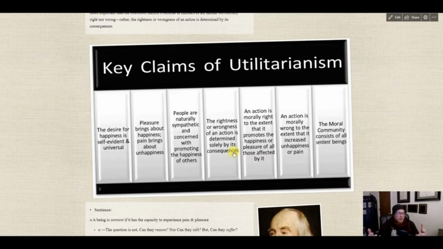Now, the experiences of pleasure and pain might be the result of various features that we can describe in evolutionary biology, but nevertheless, that's where we go when we want to determine what is right or wrong. Does it produce happiness and pleasure? It's good. Does it produce pain and unhappiness? It's bad, even if it has the right intention.